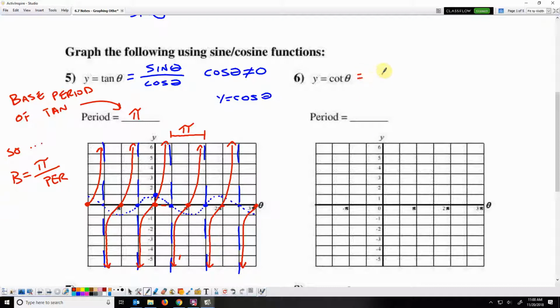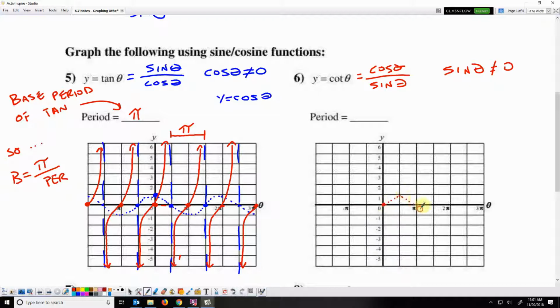So now we'll graph y equals cotangent theta, which is cosine theta over sine theta. Because sine is in the denominator, sine theta cannot equal 0. So we'll build this graph beginning with a sine wave, which starts on its axis.